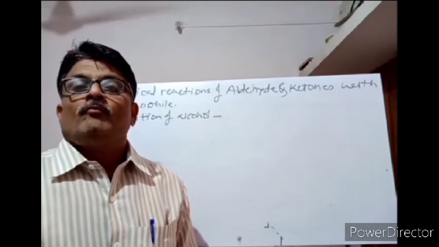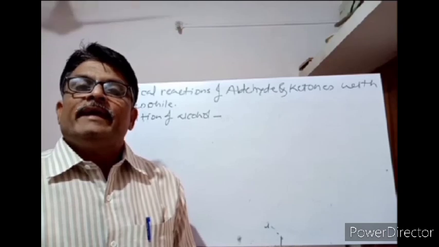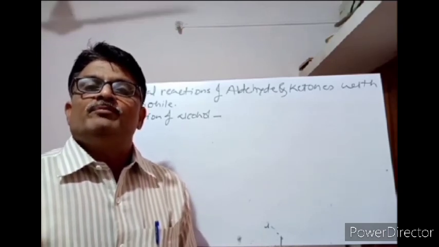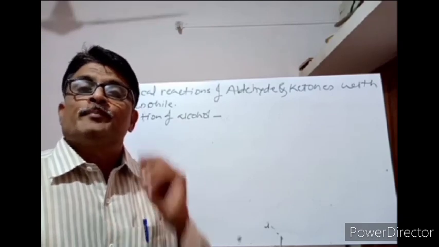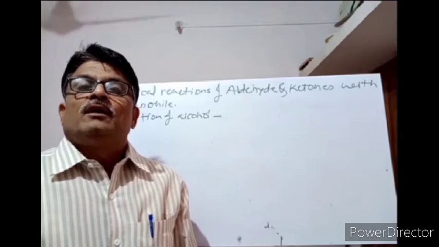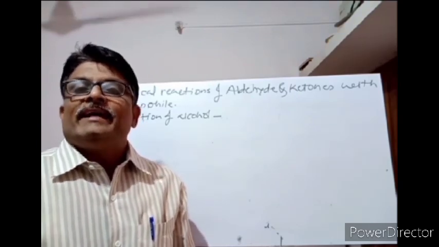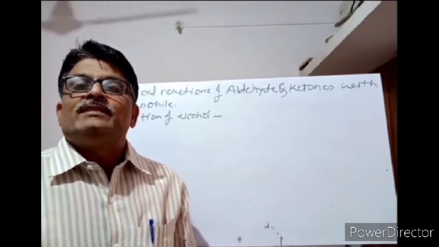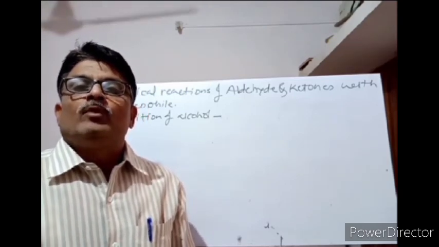The unstable alkoxy compound again reacts with another monohydric alcohol molecule in presence of anhydrous HCl, and gives a dialkoxy compound. It's called an acetal, which is a stable one.